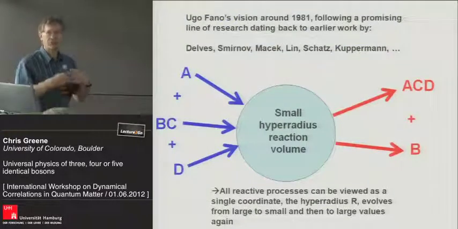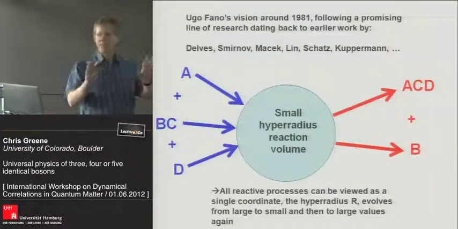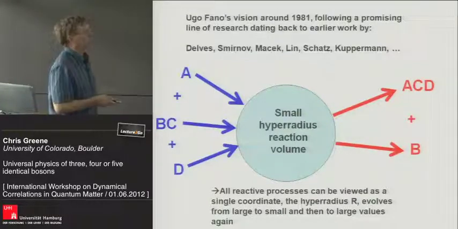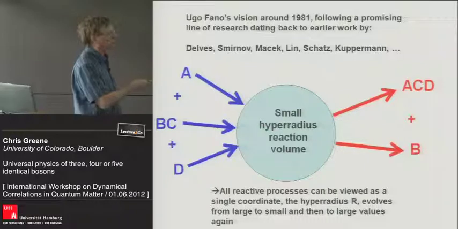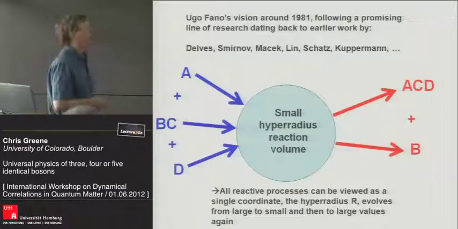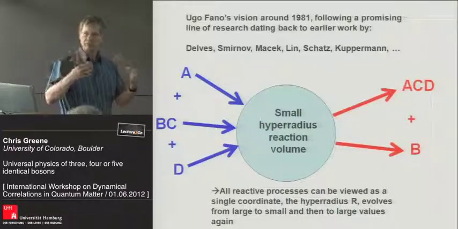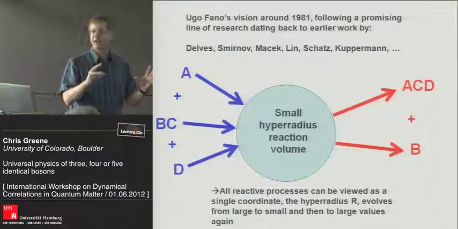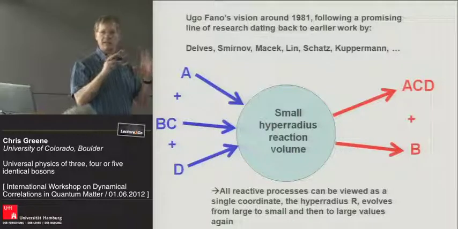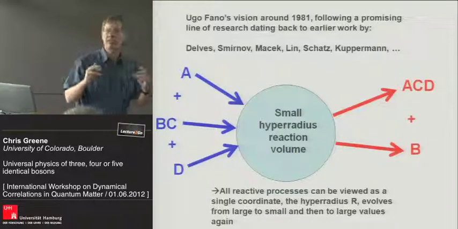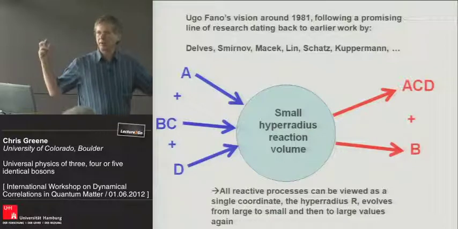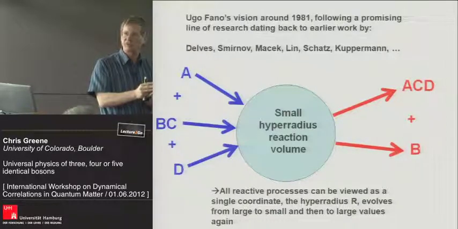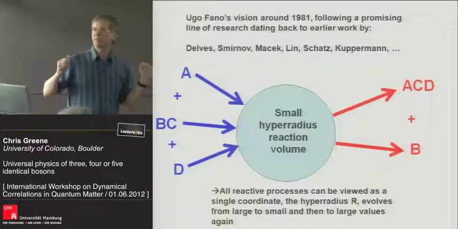So I want to give, first of all, an overview of how we think about these problems. There's a picture that goes back to even before my PhD work in the Fano group, where Fano started to evolve this picture that one could look at any reactive process whatsoever as simply a single coordinate of the system for a scattering event coming together in this one coordinate, one dimension, and going away off to infinity in one dimension.